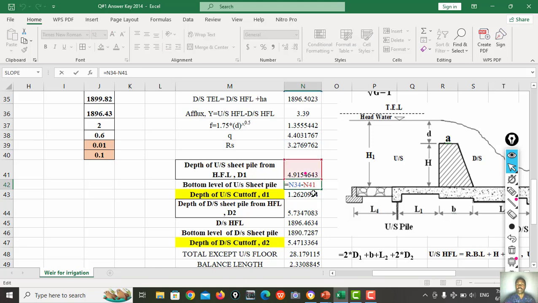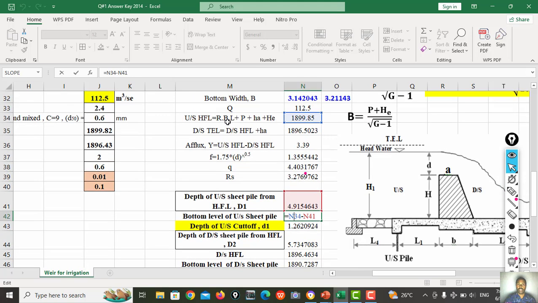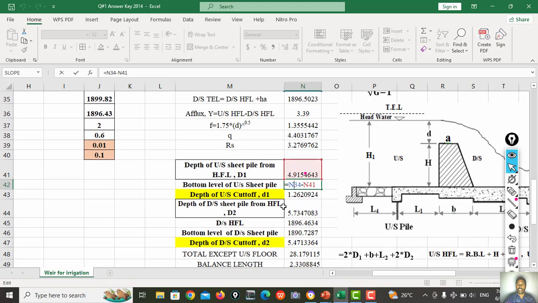Bottom level of the upstream sheet pile: you subtract this from upstream HFL. Then you have the depth of the upstream cutoff now. The depth of the upstream cutoff, you just subtract from the river bed level.